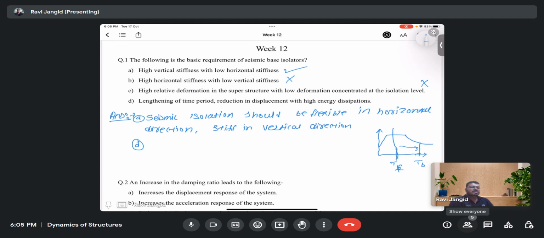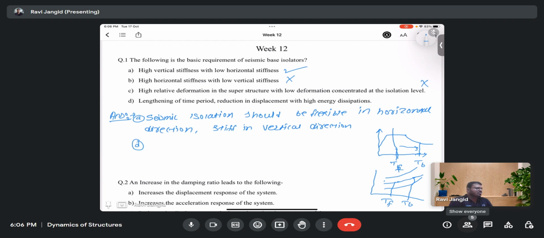It will increase, sir. When the time period increases, the acceleration decreases, but the displacement actually increases. If it is TF and we take TB, the displacement is higher. So how can I control my displacement? We can increase the damping in the system.